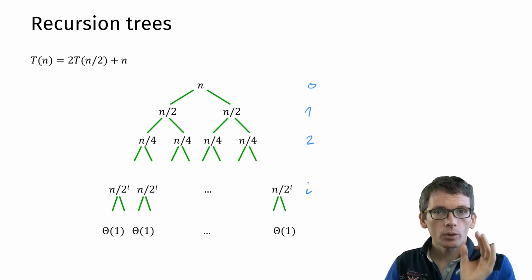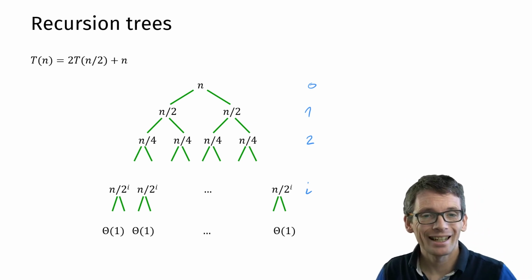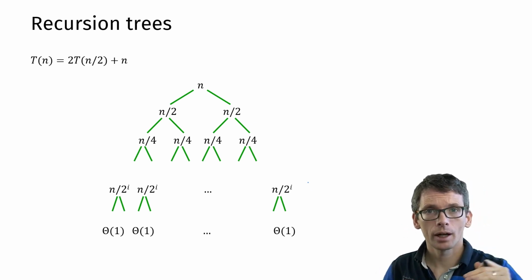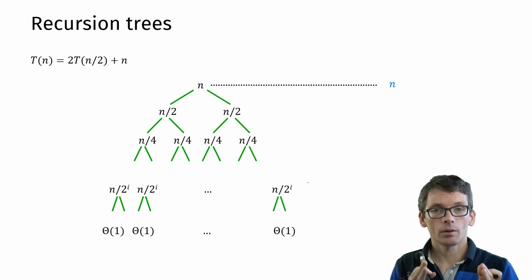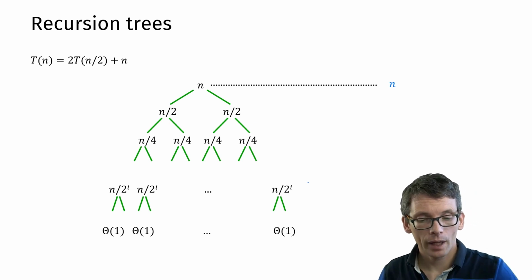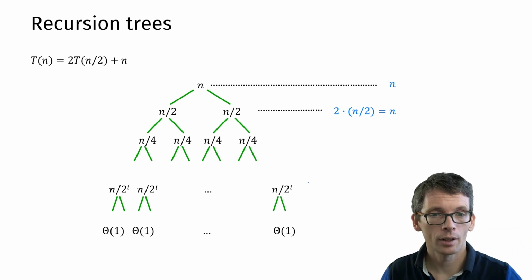Now the trick with recursion trees is that I'm now going to add up the contributions level by level. Top level, I only have 1 term, it gives me an n. Second level, or level 1, I have 2 terms, n half plus n half, that's 2 times n half, it's actually also n.